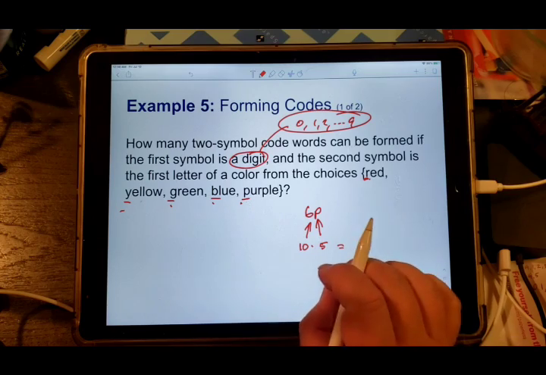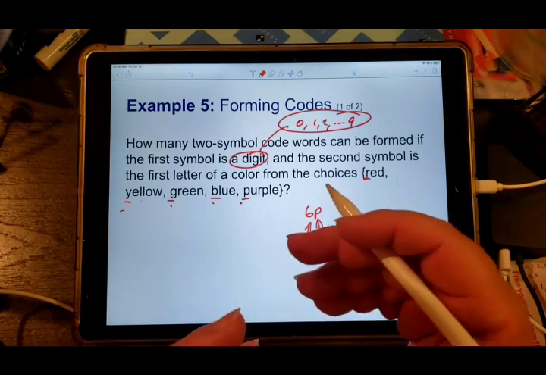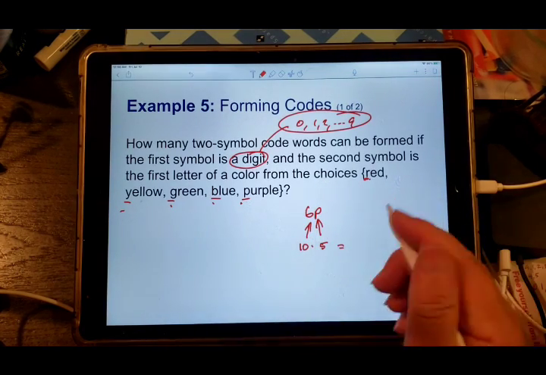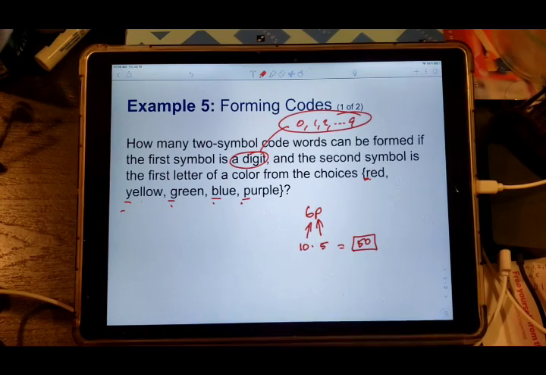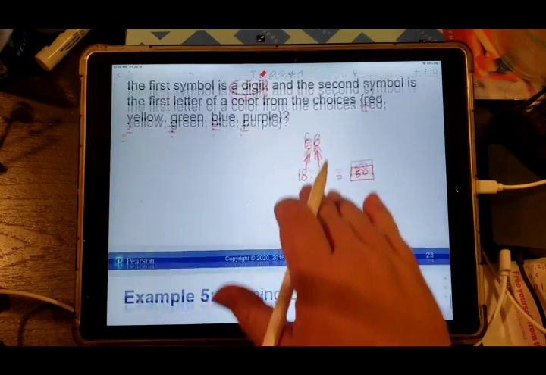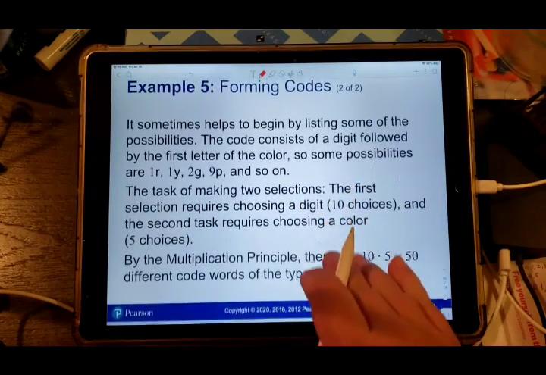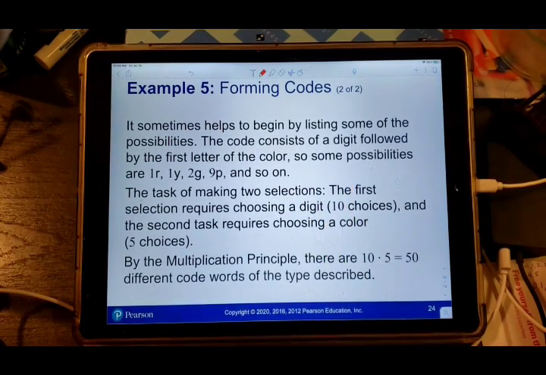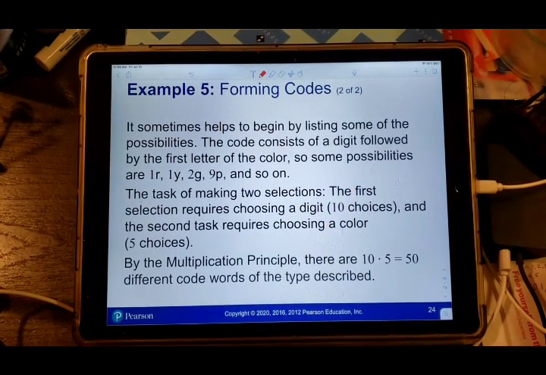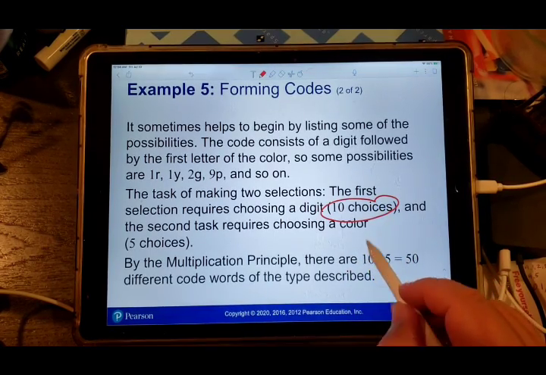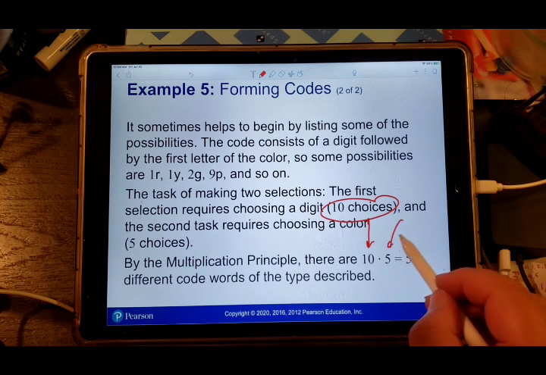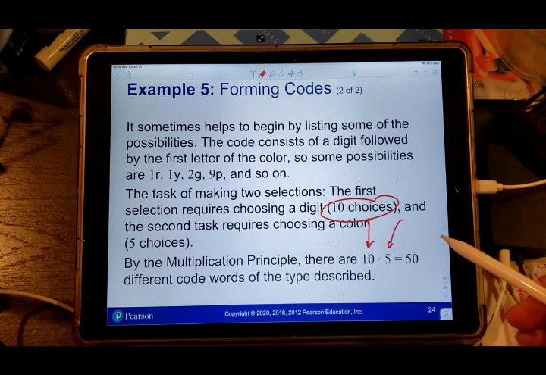And the theorem that we work with is that we multiply these together. So there are 50 possible codes with this particular restriction. 10 choices for the digit and 5 choices for the letter.